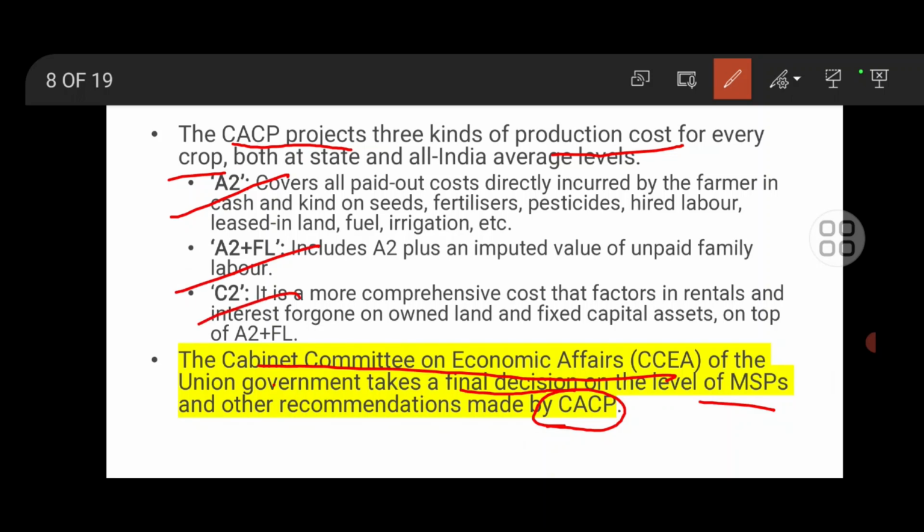A2 covers all paid-out costs incurred by the farmer. A2 plus FL adds the imputed value of unpaid family labor. C2 is a more comprehensive cost compared to A2 and A2 plus FL.